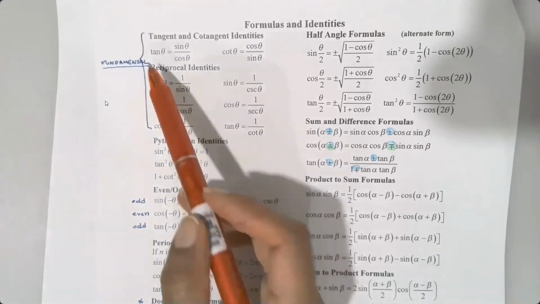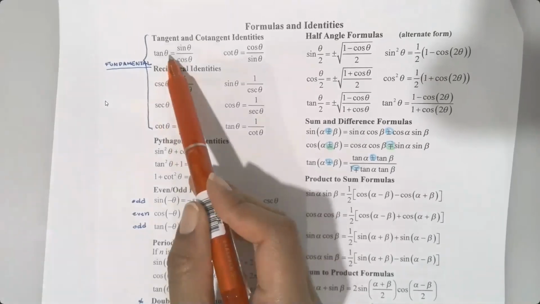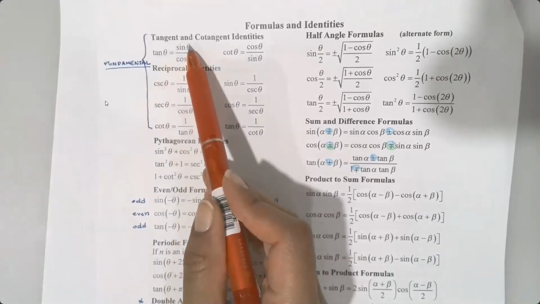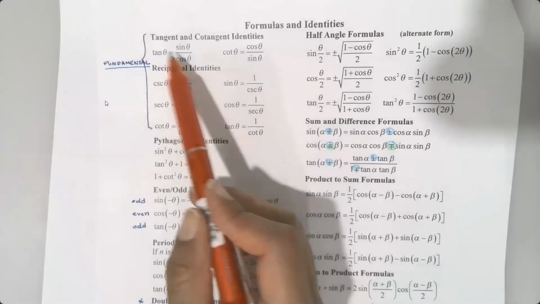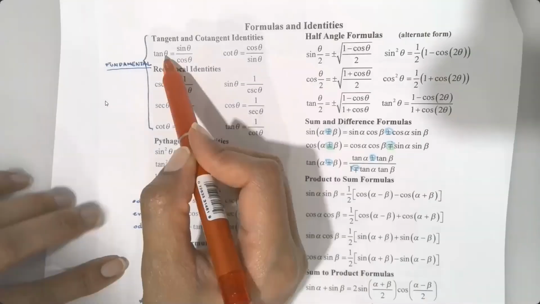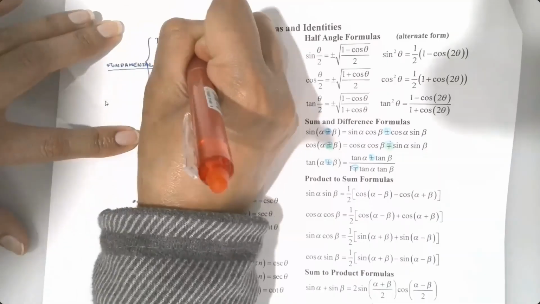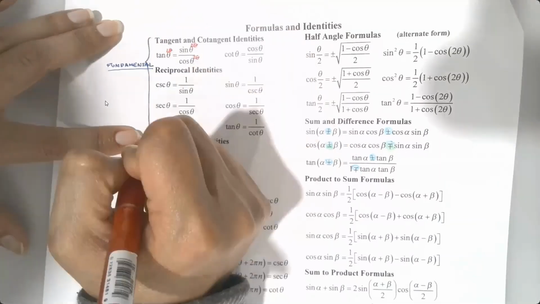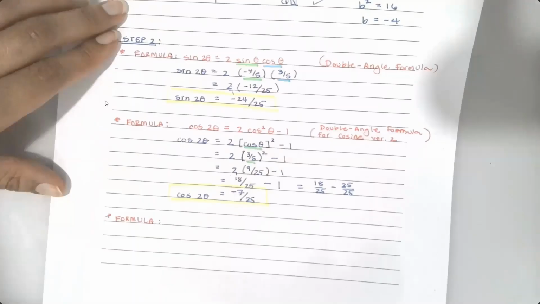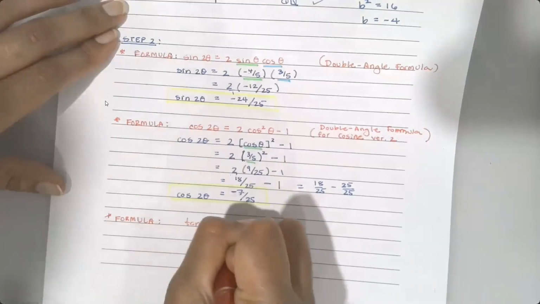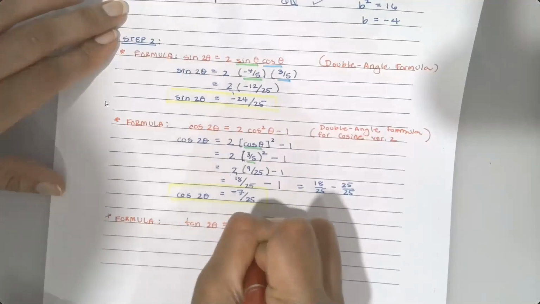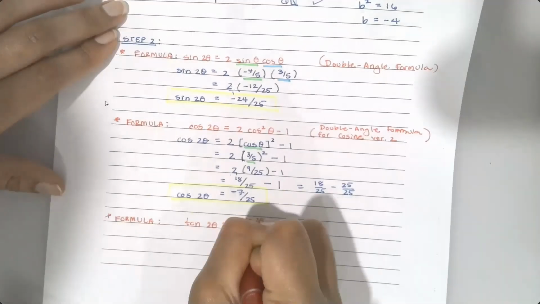Remember that tangent of any angle is the same as sine of the same angle divided by cosine of that same angle. So even though we have theta here, if we were to have 2 theta, then we would just replace everywhere there's a theta with 2 theta. In other words, we could use a formula that says tangent of 2 theta is the same as sine of 2 theta divided by cosine of 2 theta.